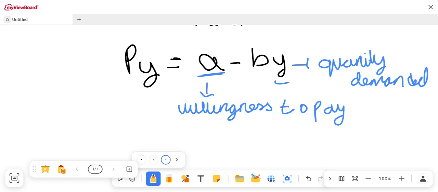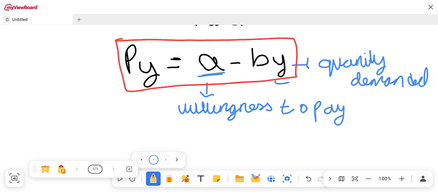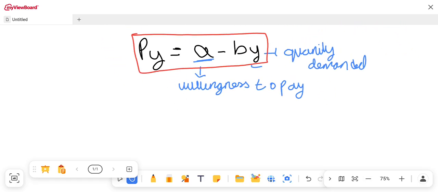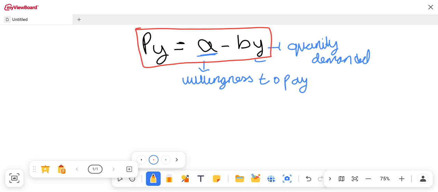So we will just remember this whole equation. Now what we will do is that we know that total revenue equals to price into quantity, but in microeconomics what we do is denote quantity by Y. Don't get confused, okay?